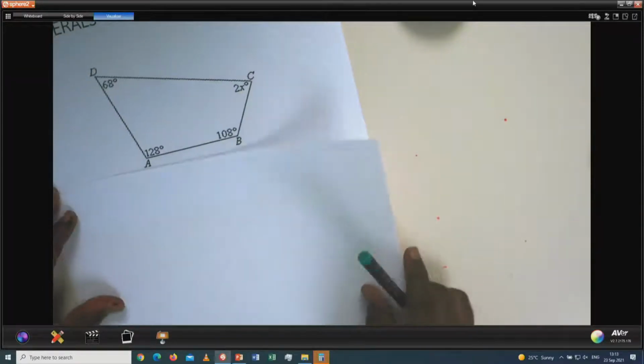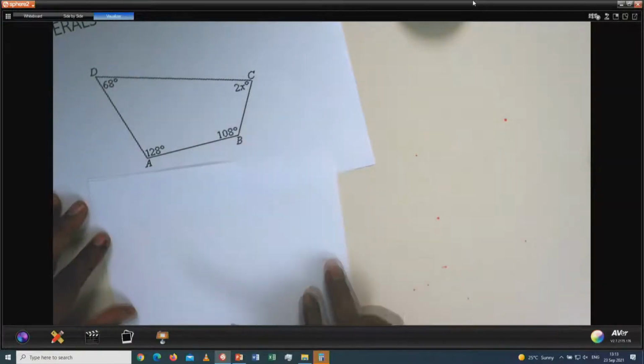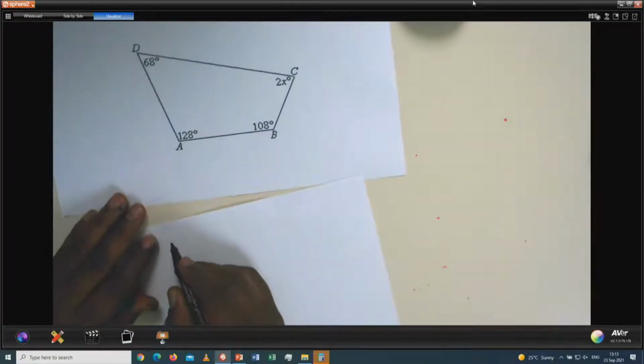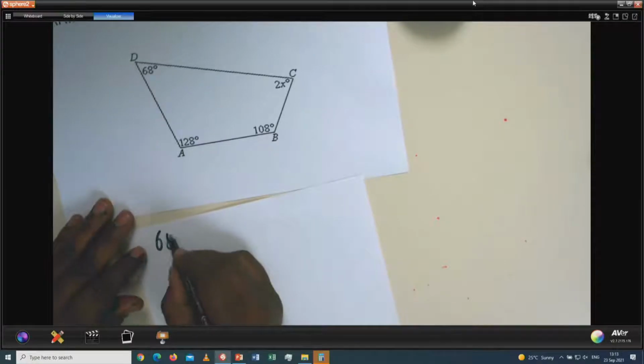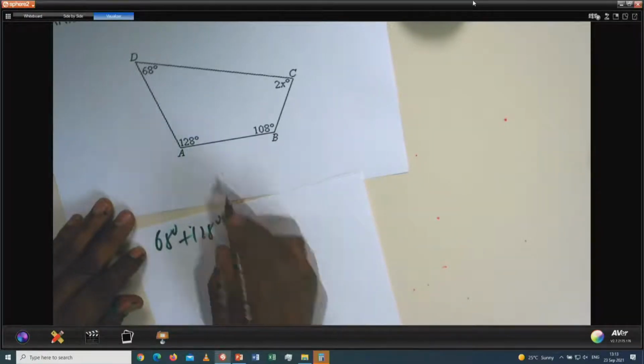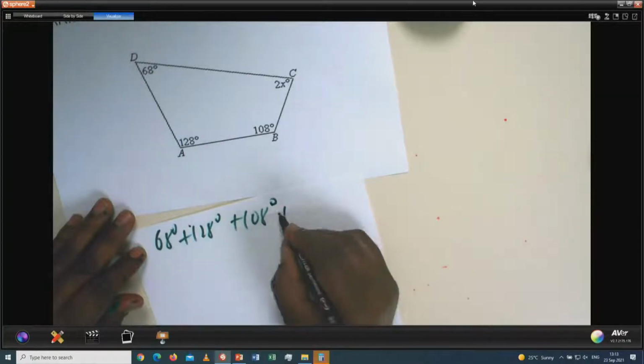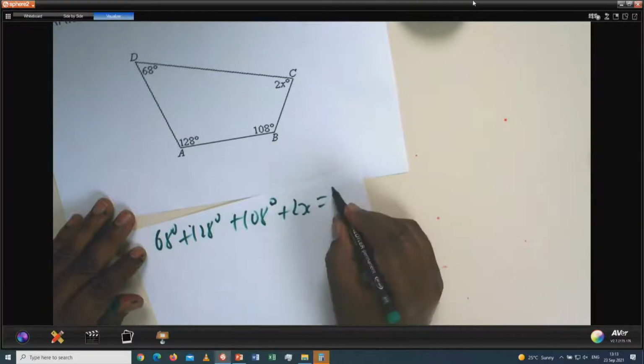Remember, all angles of a quadrilateral should give you 360. Adding all angles of a quadrilateral should give you 360. Therefore, 68 degrees plus 128 degrees plus 108 degrees plus 2x should give you 360.